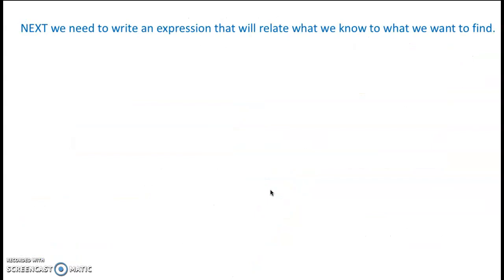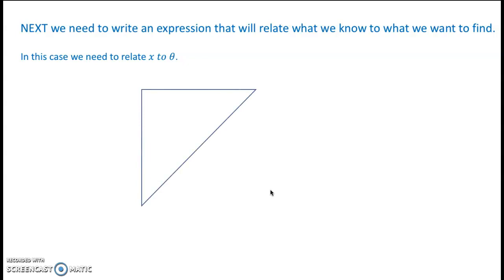So next we need to write an expression that will relate what we know to what we want to find. In this case, we want to relate x to theta because we knew dx/dt and we wanted d theta/dt. If you look at the diagram, it really is just a triangle, where this was where the spotlight was, 20 feet from the stage, and this was the value of x.